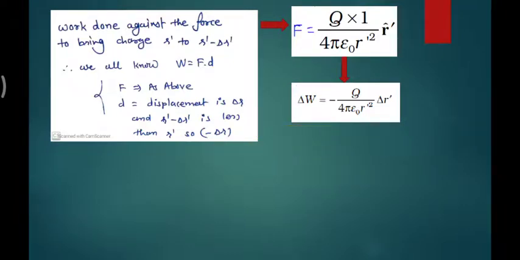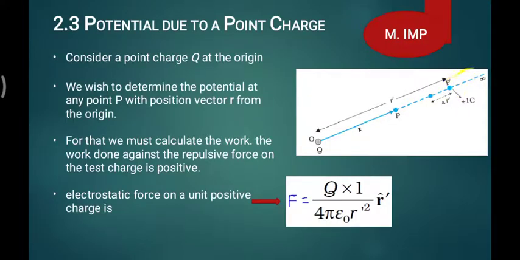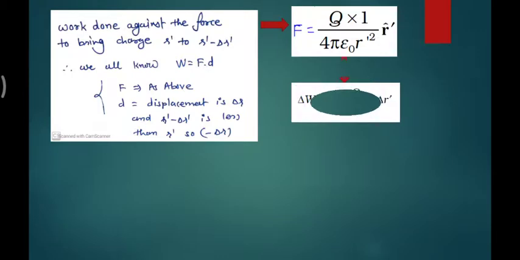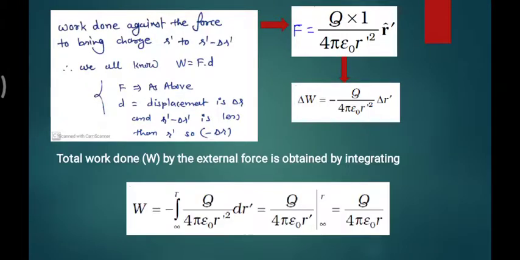So this is the amount of work you need to do for bringing the charge from this point to this point. Delta W is equal to the force times delta D, where delta D is equal to minus delta r prime. This much displacement you have done.